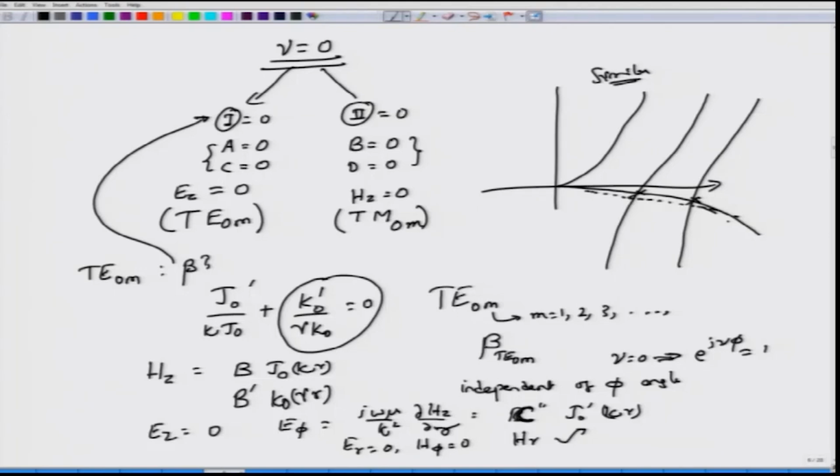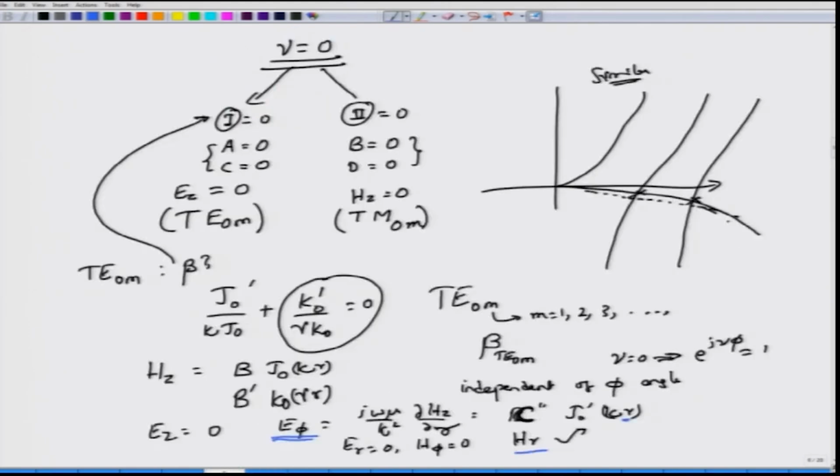If you were to sketch this TE mode field, at least the electric fields, you would find that the field is directed along phi. Phi means it is circling, and at r equal to 0 it would be like J0 prime, and as r increases it would be a different thing. So, the E field lines would be directed in this manner.